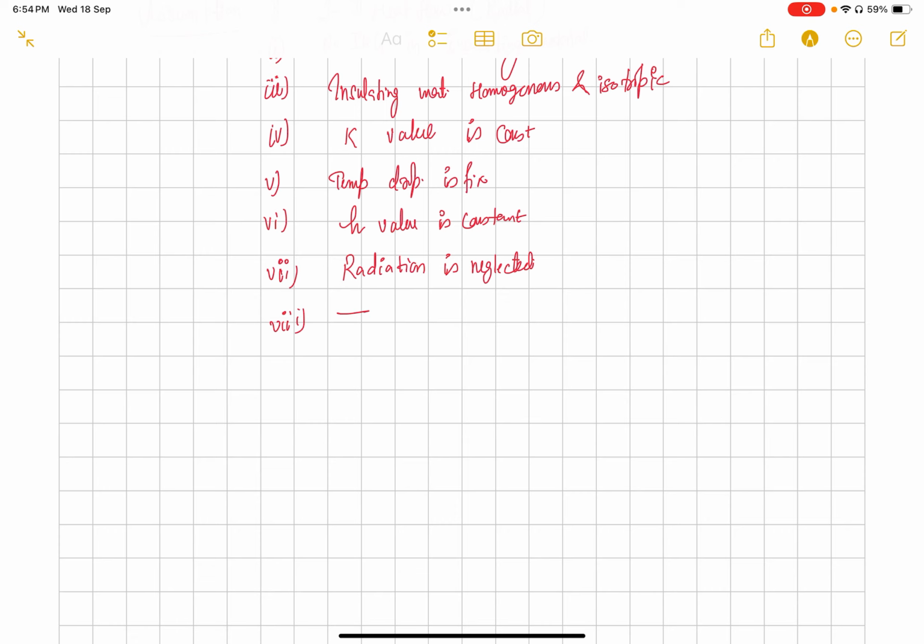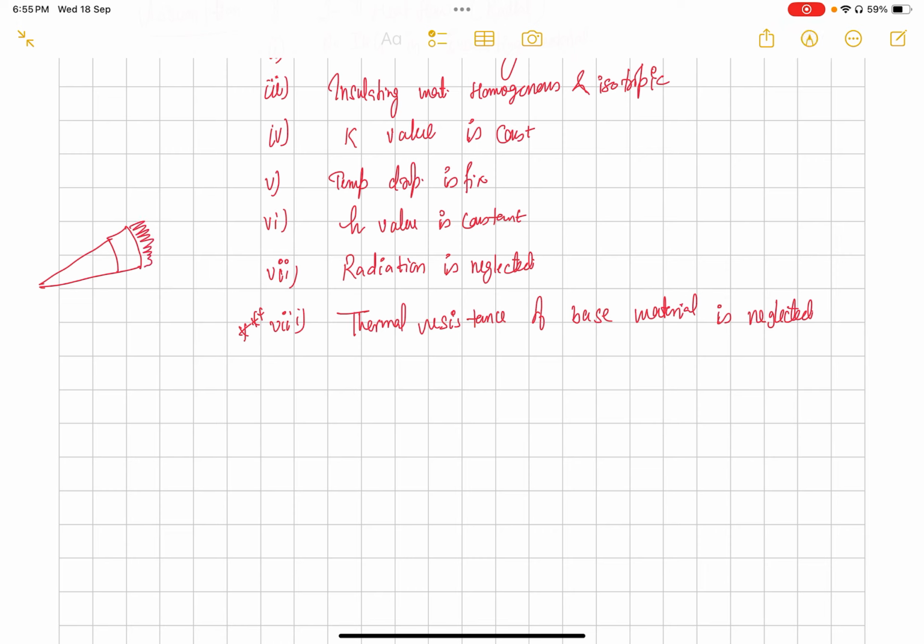And the thermal resistance of the base material is neglected, right? It is a very important assumption here. Let's say this is the cylinder we are insulating from outside.